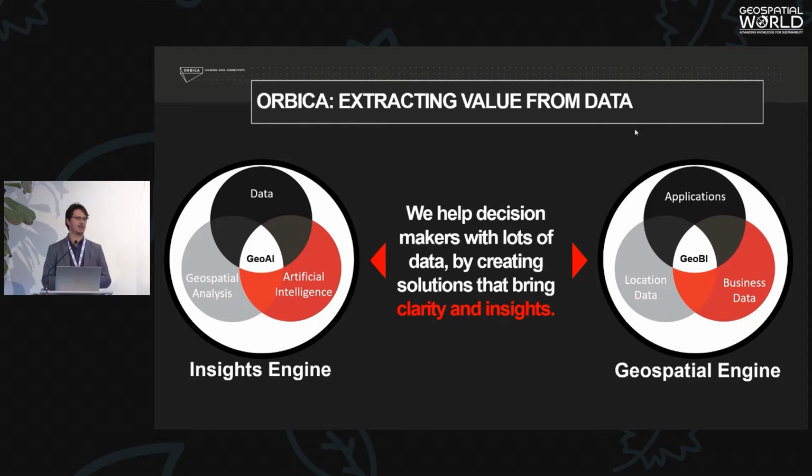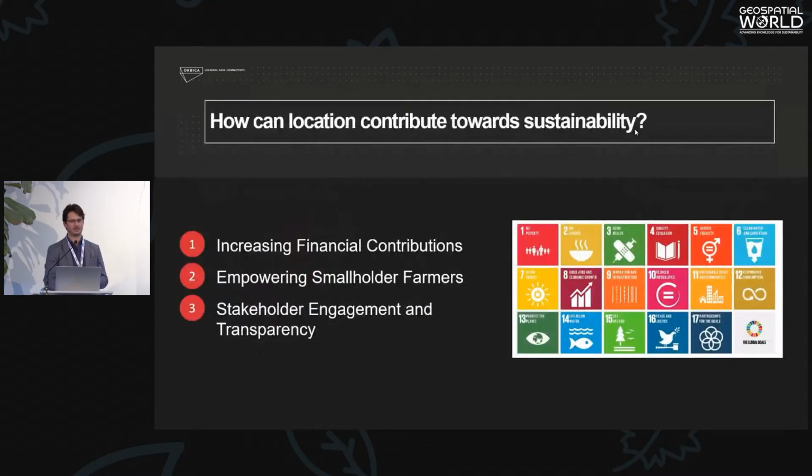One of those use cases is storytelling, like we've just heard in the topic before. So how do we use these technologies to contribute towards sustainability and the UN Sustainable Development Goals? Today, I just want to present to you three real-world use cases where we've used location data technology to help reach the UN's Sustainable Development Goals, and I wanted to just jump straight into those use cases.